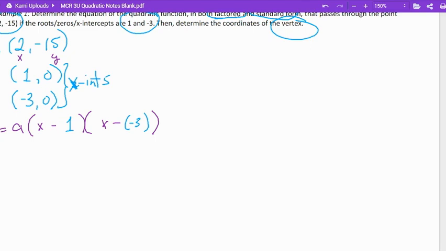Now, the formula has negatives, right? So you can see that once I simplify this, I'm going to have x minus 1 and x plus 3, right? And so you can skip that first step that I did, but I just wanted to show you how it is that we're going to get that x plus 3.